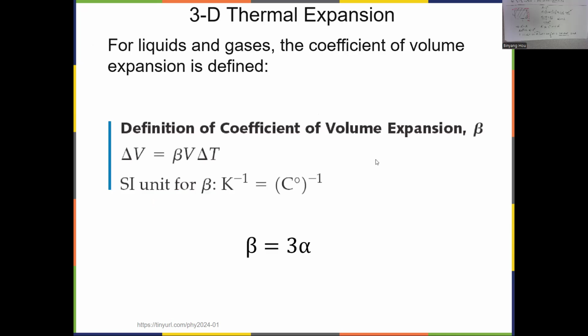Similarly, you can show that for three-dimensional expansion, which is called volume expansion, it's going to be 3 times the linear alpha, times the original volume. So beta is 3 times alpha, and the change in volume is equal to 3 times alpha times V times delta T.